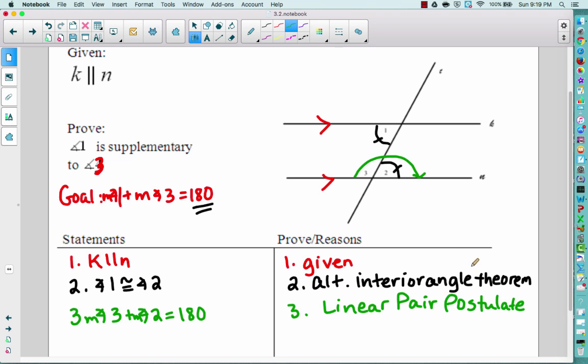Okay, so I've got the 180 in it, but I need it to be 1 and 3, not 3 and 2. Well, didn't I say that 1 was congruent to 2? So now I can take my 1, I can plug it in for 2 because of substitution. So I can say the measure of angle 3 plus the measure of angle 1 equals 180 by substitution.